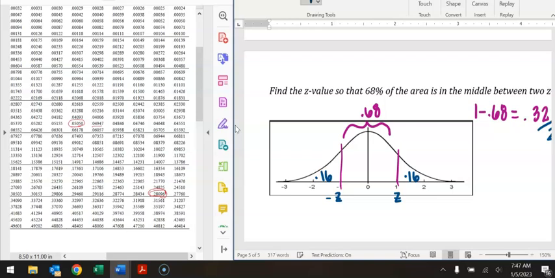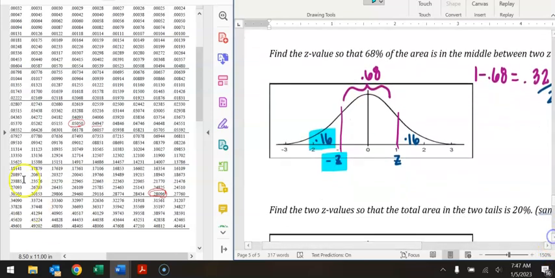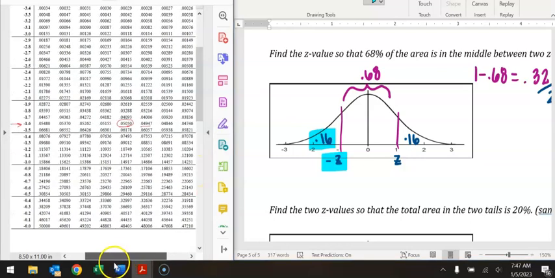One will be negative, the one on the left, and the one on the right will be positive. But your chart only tells you area to the left. So that's where this 0.16 is helpful, because now knowing this 0.16, it can help me find this Z-score. And once I know one, I just make it positive to tell me what the other one is. So let's look for 0.16 in my chart. 0.16. Okay. I see one over at the end there.